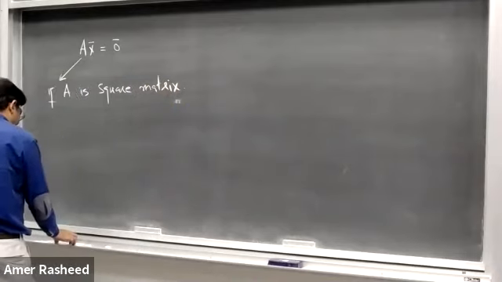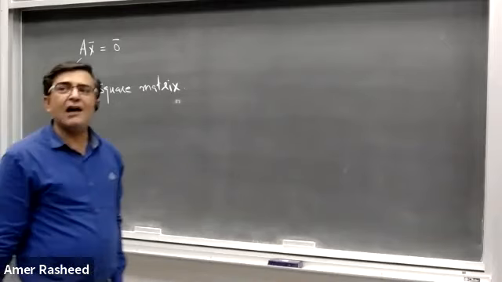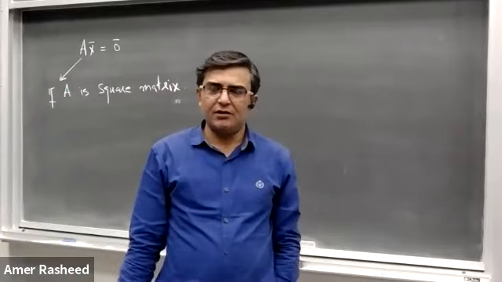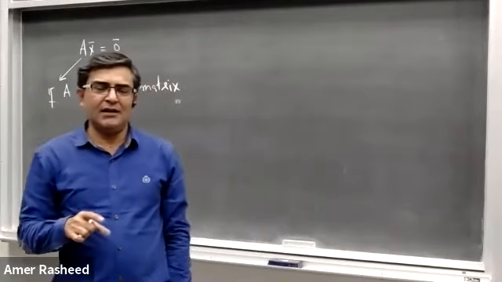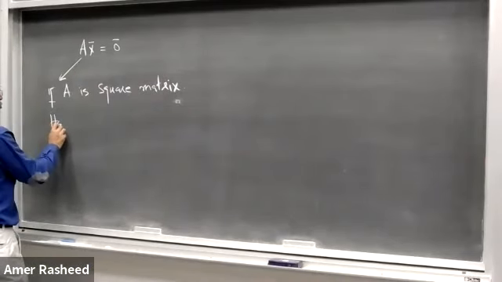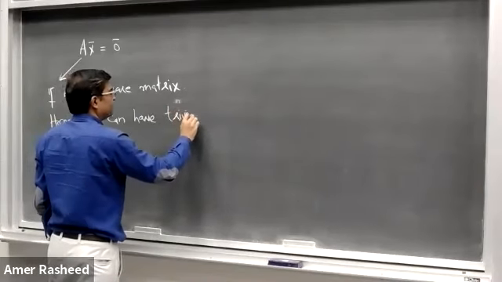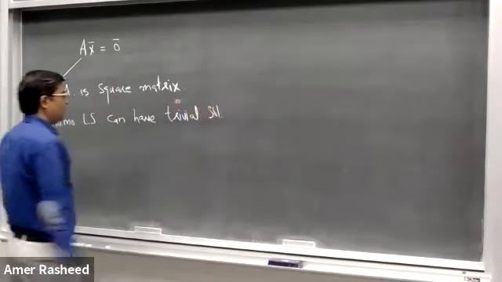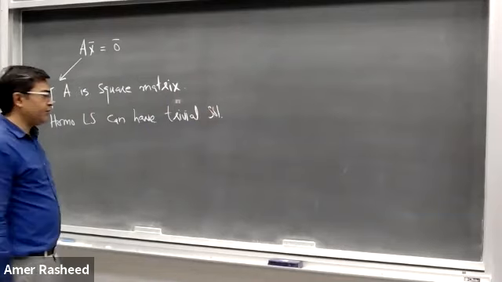In this case, when the coefficient matrix is a square matrix, a homogeneous linear system can have a trivial solution. Otherwise, no. There is only one possibility for the trivial solution.